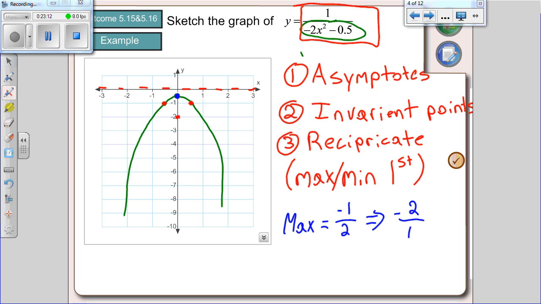Now you've got 3 points. Now you can connect your dots. You know you're going to get closer and closer to your asymptote. So my graph must go like this, forever. It looks like a bird. It should be rounded. It shouldn't be so sharp.